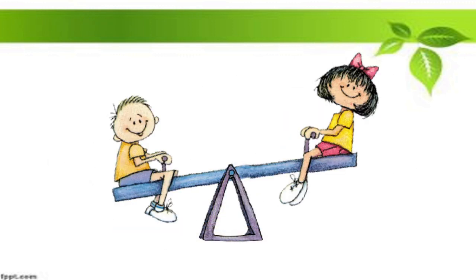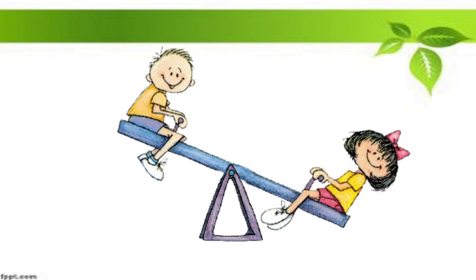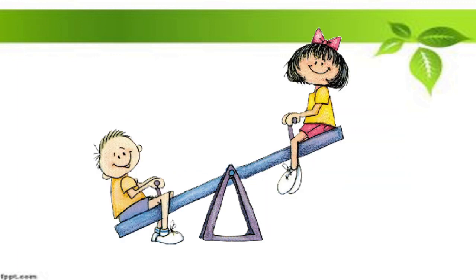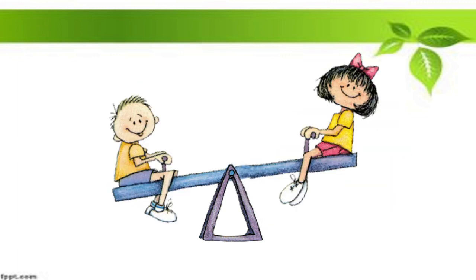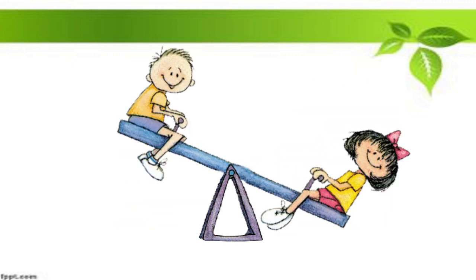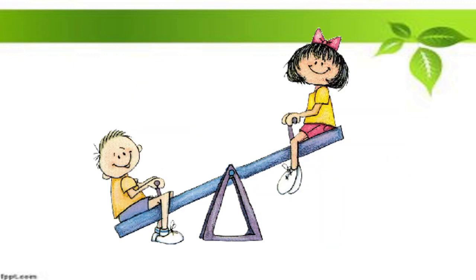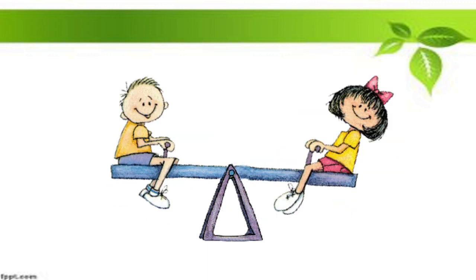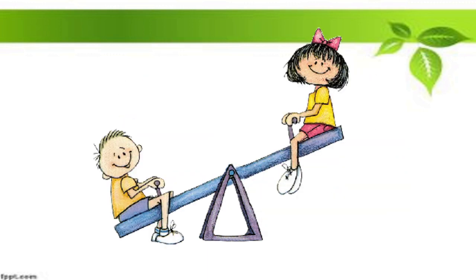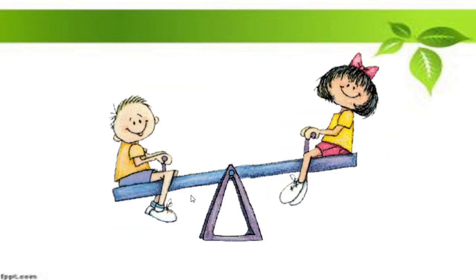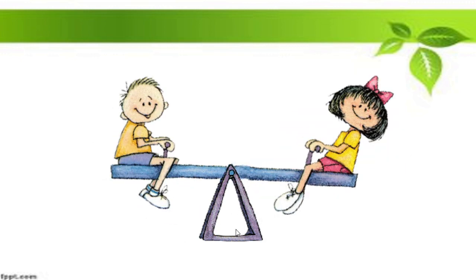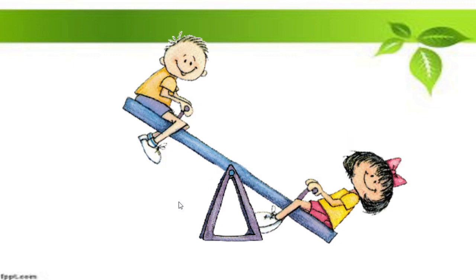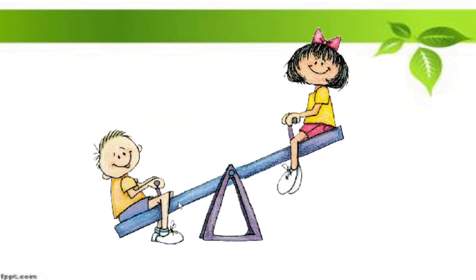Yes, dear children, see, this is a seesaw. You like to play this, isn't it? When you go to garden, you play this seesaw, right? What is the mechanism of this one? Yes, do you know?